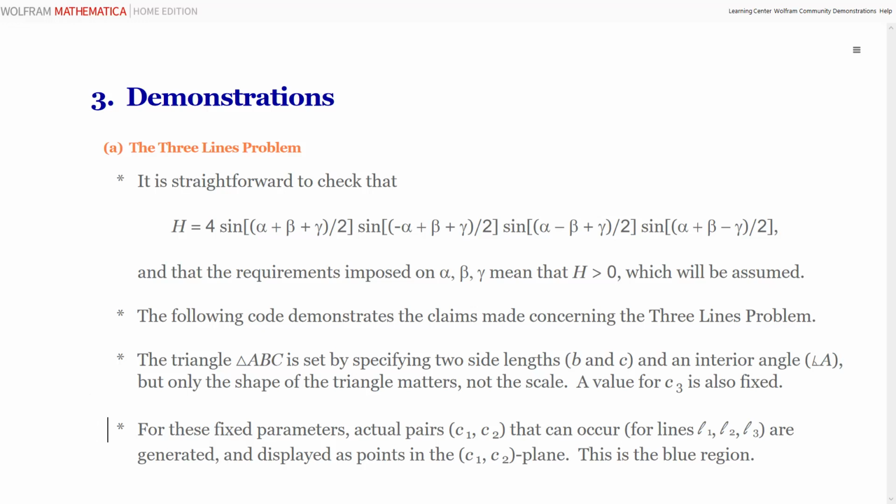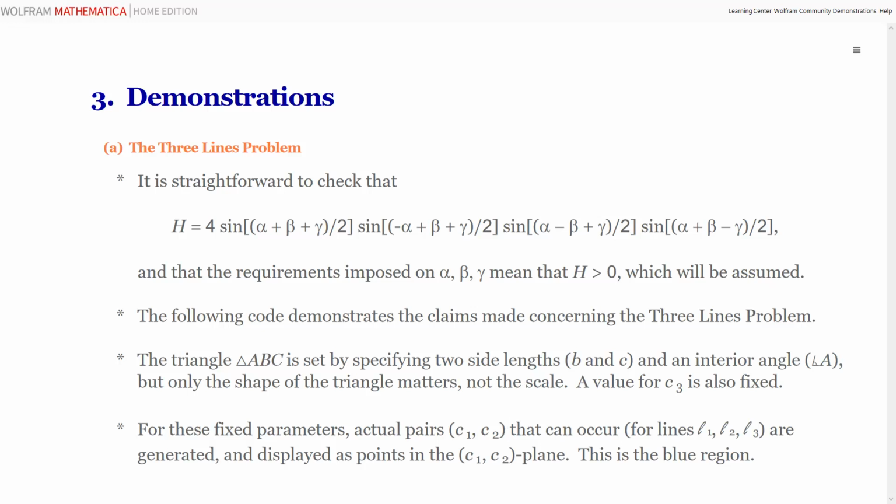All right, with those parameters fixed, the program is going to, first of all, seek out pairs C1 comma C2 that are feasible for the lines problem. And so what do I mean? So remember, C1 is cosine alpha and C2 is cosine beta. So we're really seeking out suitable values for alpha and beta that produce an affirmative answer to the lines problem, okay?